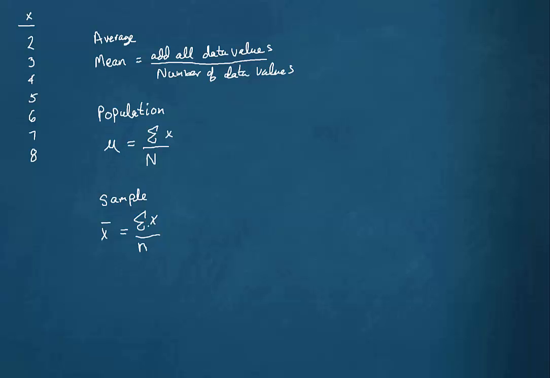But either way, whether this is a population set of data or a sample set of data, this mean is going to be calculated by adding these things up: 2 plus 3 plus 4 plus 5 plus 6 plus 7 plus 8, and then dividing by the number of data values in the data set, which is 7.